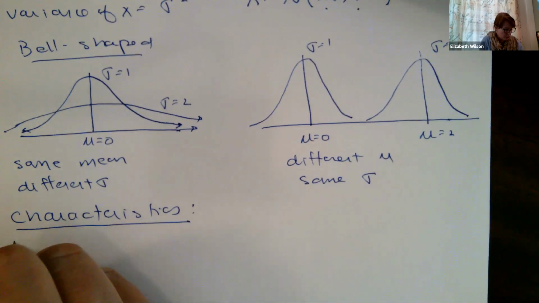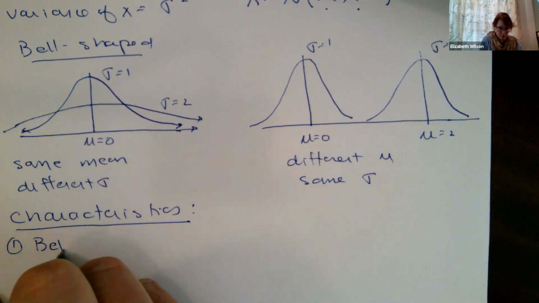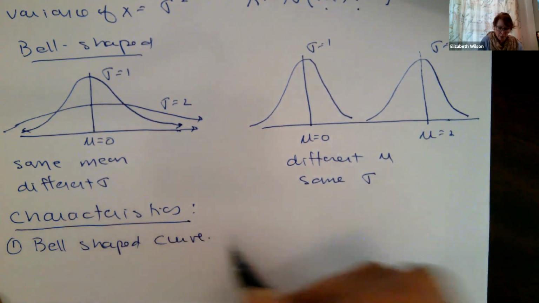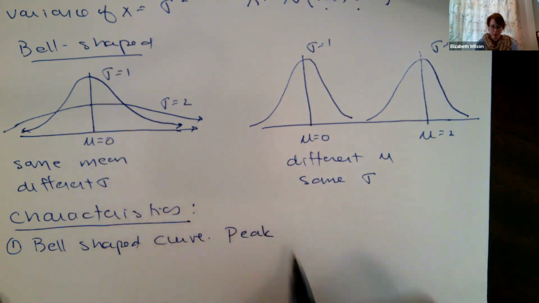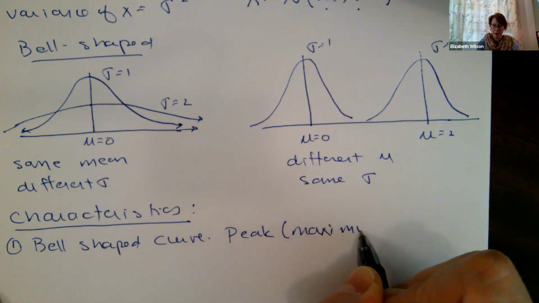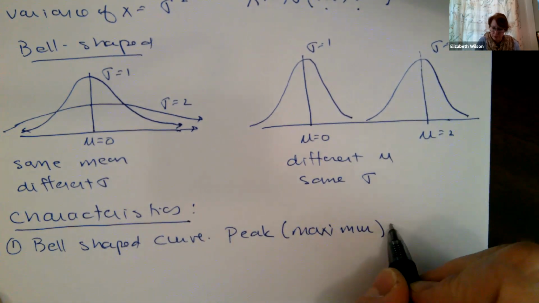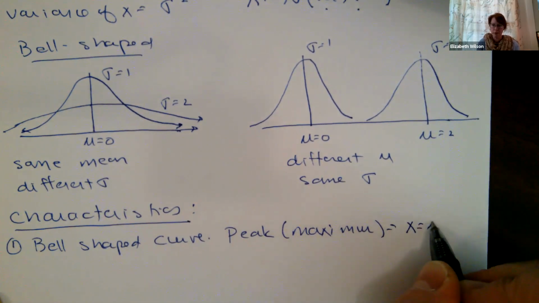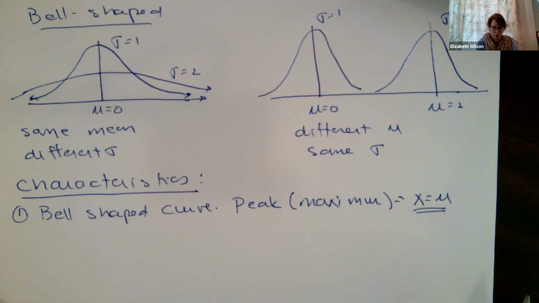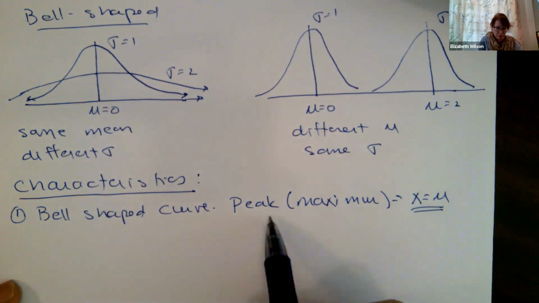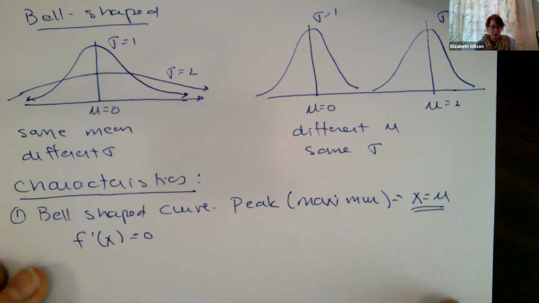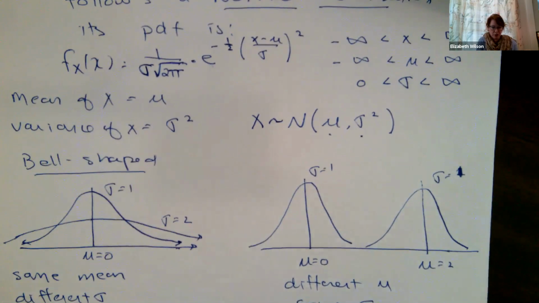The first one is, this is our bell-shaped curve, and the peak value, what we call in calculus our maximum value, is where x is equal to our mean. This is actually a typical calculus term. My peak, my maximum value, is where my first derivative is equal to 0.